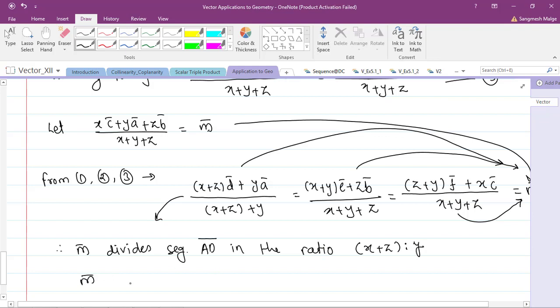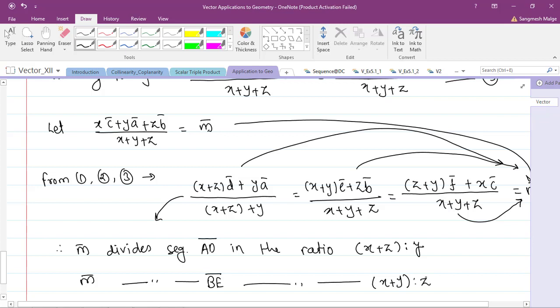Similarly, M bar divides the next segment, which is B E bar, in the ratio x plus y is to z.